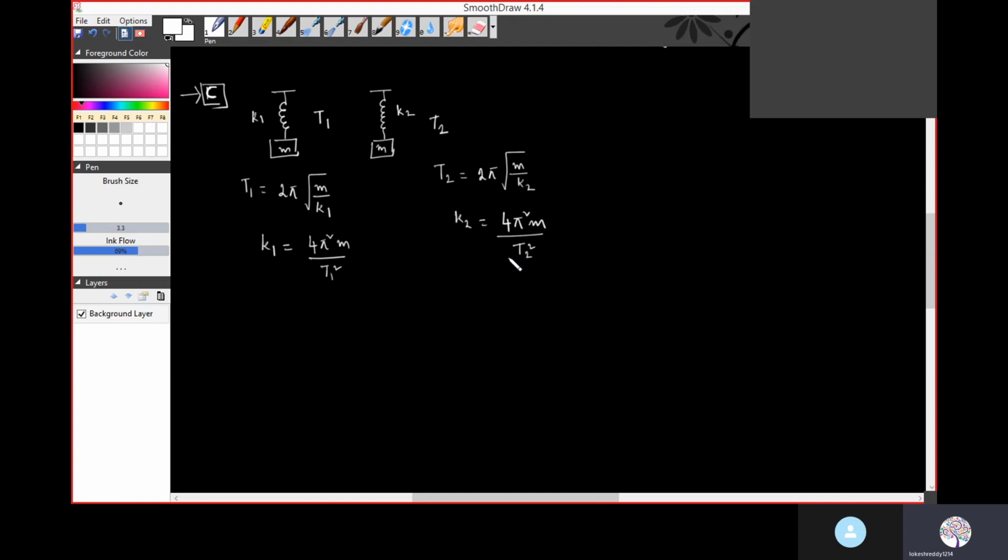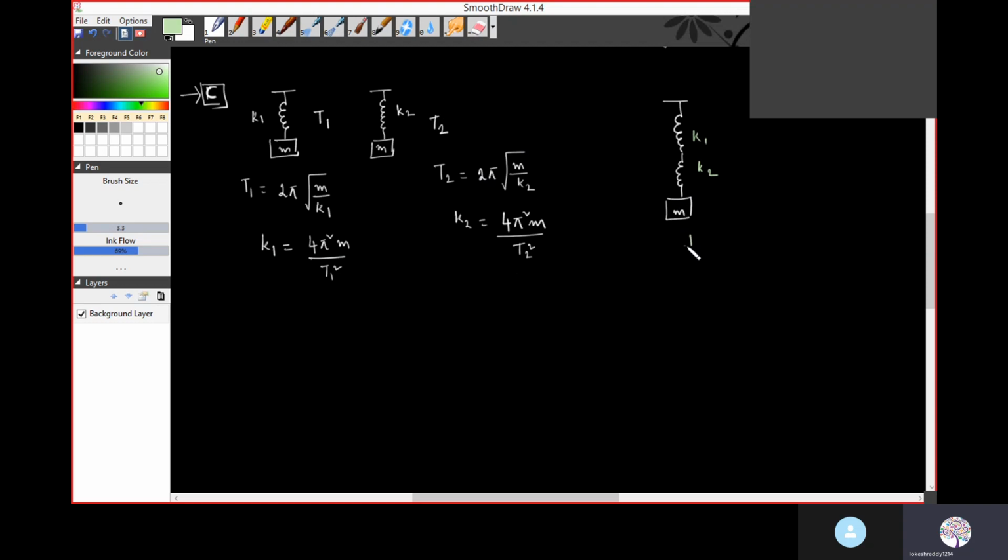Now, these two springs are connected in series to the same mass M. What is the time period now?